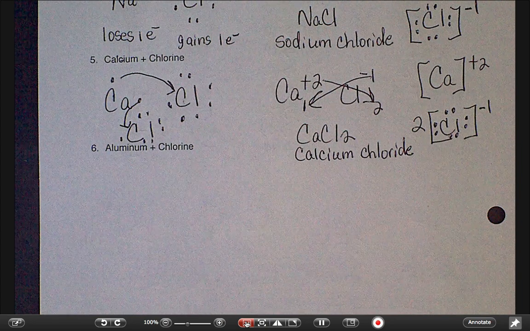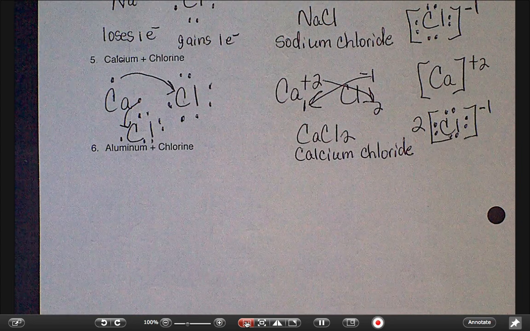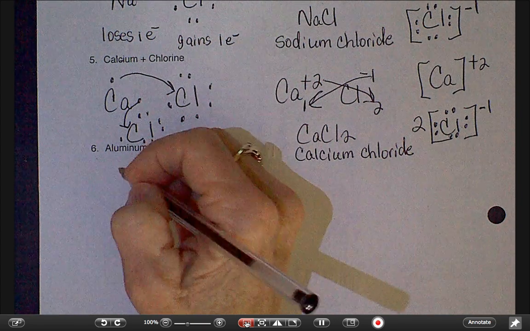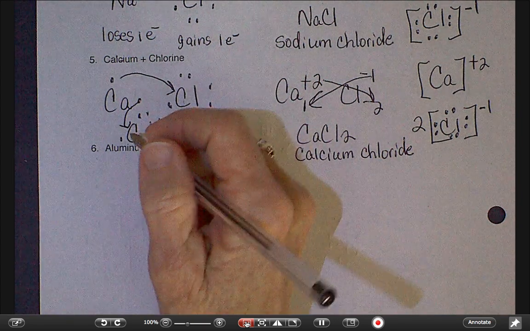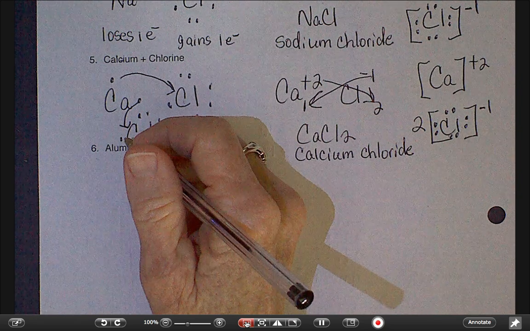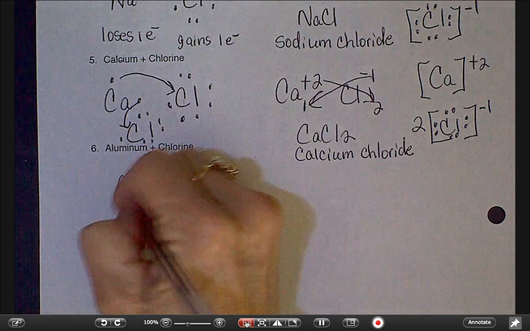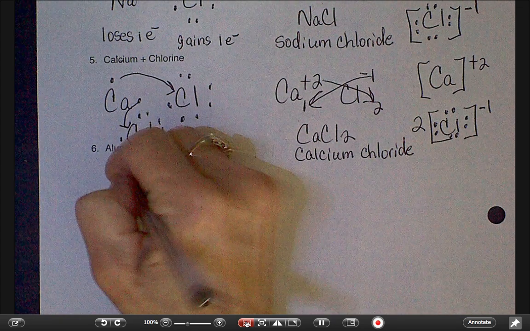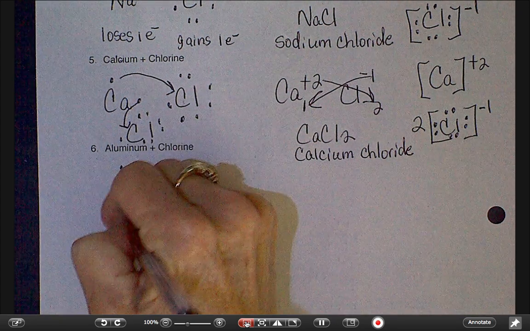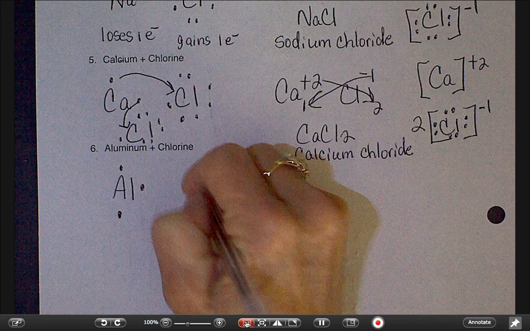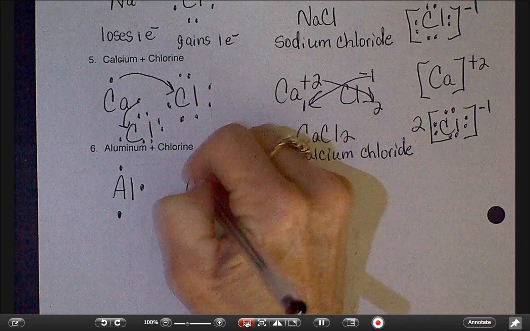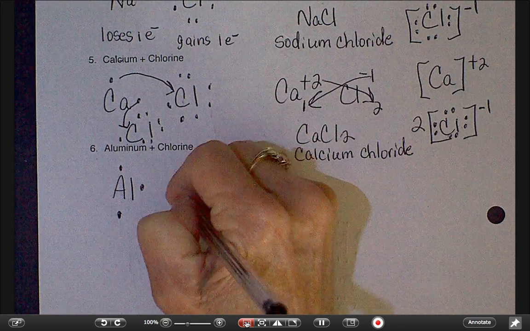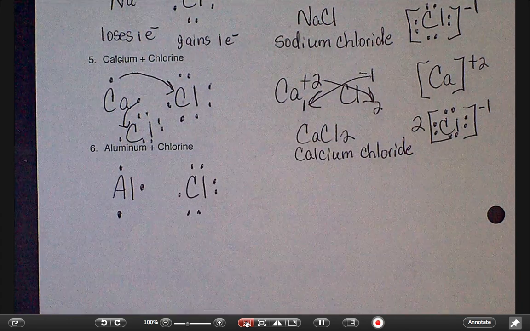Okay, last one. Where's Al live? Group 3. So how many valence electrons? Chlorine. What can you see just from looking at your diagram?